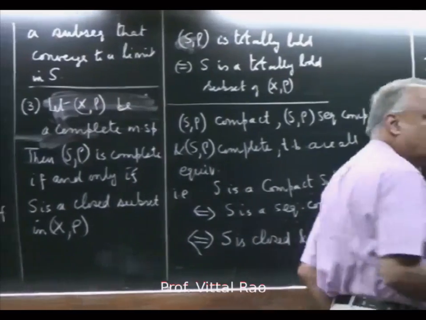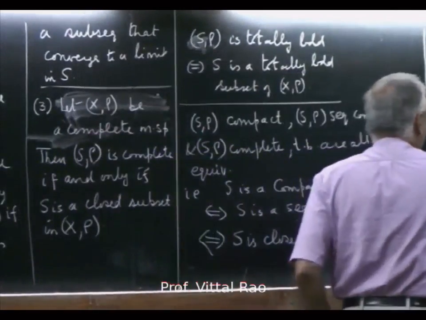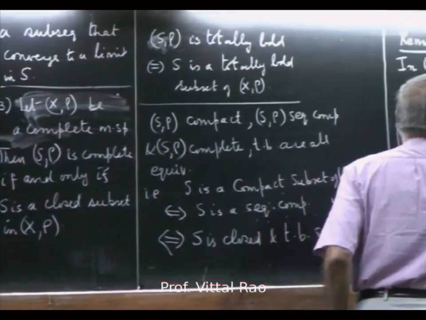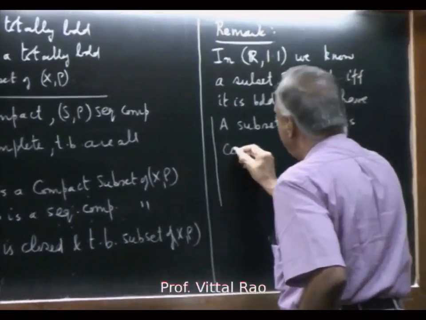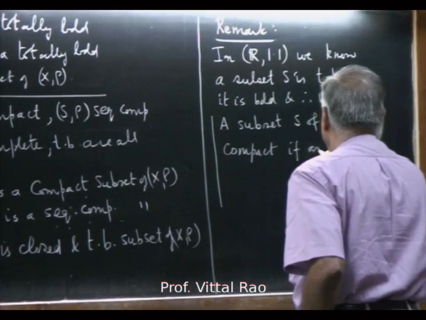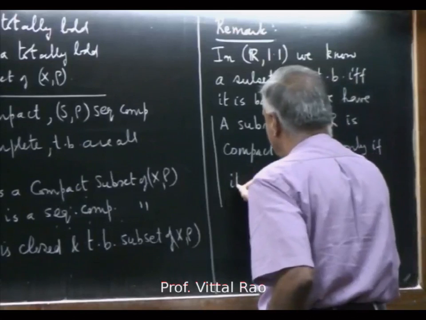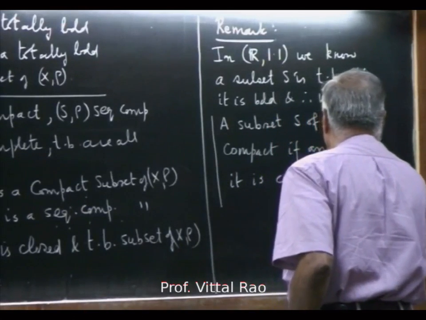this is what is known as the Heine-Borel theorem, etc., in analysis. A subset S of R is compact if and only if it is closed and bounded.